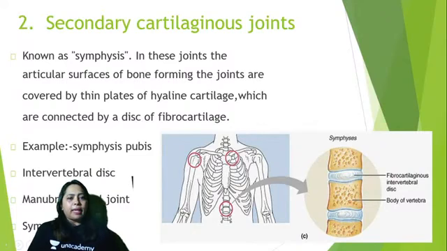That is also an example for secondary cartilaginous joint. And manubriosternal joint, so between the manubrium part of the sternum and body of the sternum, you have a joint that is called manubriosternal joint, that is also a secondary cartilaginous joint.